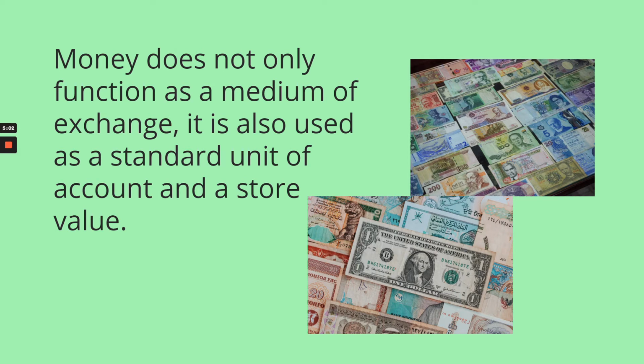Right? Like $1 is equal to 50 pesos. So there is a standard unit. The US uses the dollar, Japan uses the yen, the Philippines uses the peso, so that we will be able to exchange because our currencies have different values. Therefore, it is a standard unit.